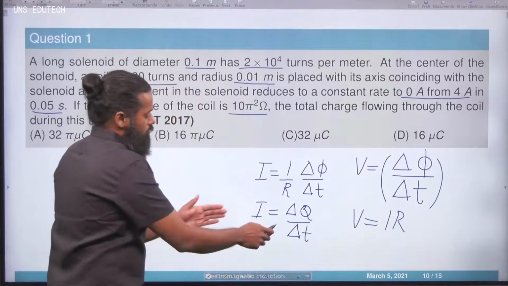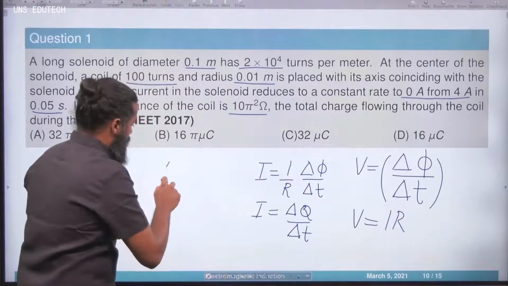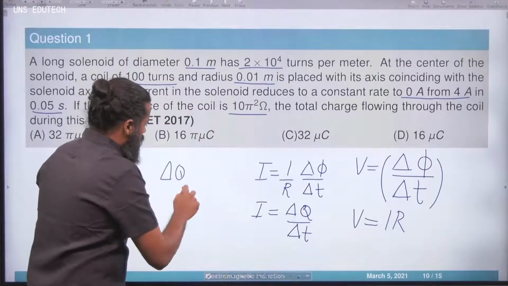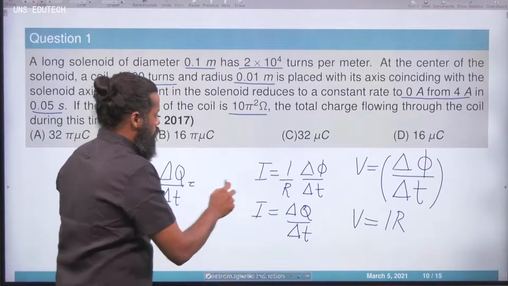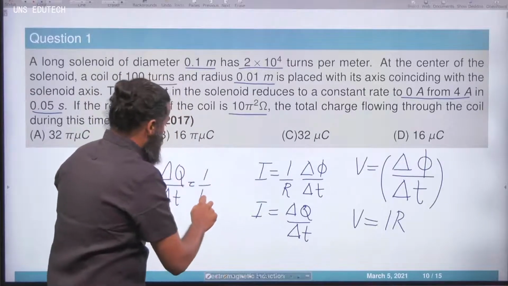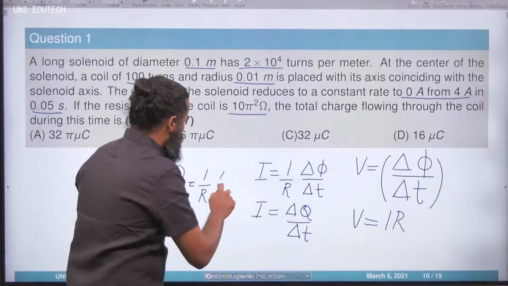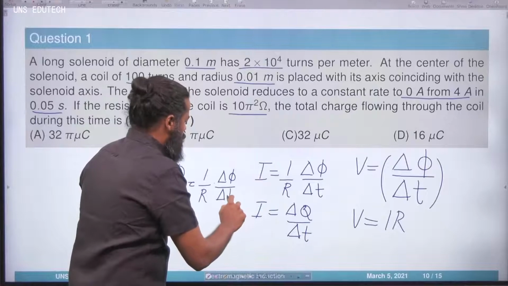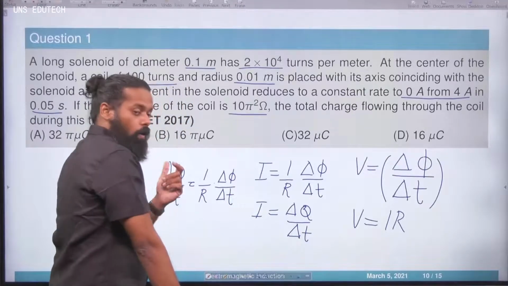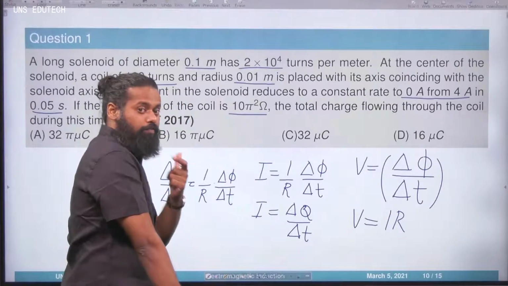Now we can write down, see, I is equal to delta Q by delta T. So we can write down delta Q by delta T will be equal to 1 by R into delta phi divided by delta T. Okay. Now you are looking for delta Q, or the total charge flowing through the system.